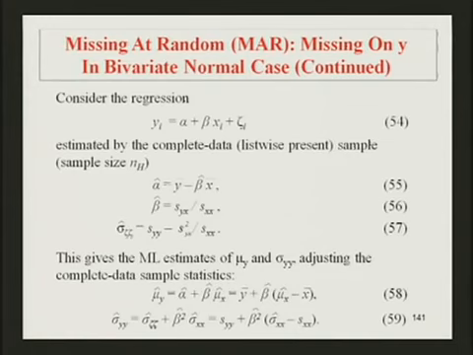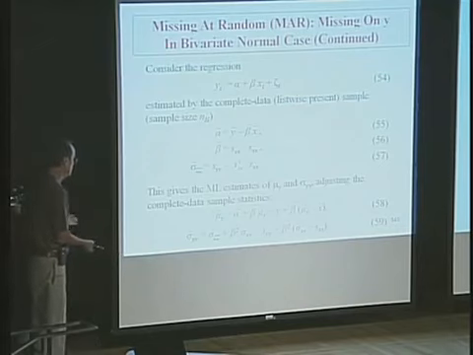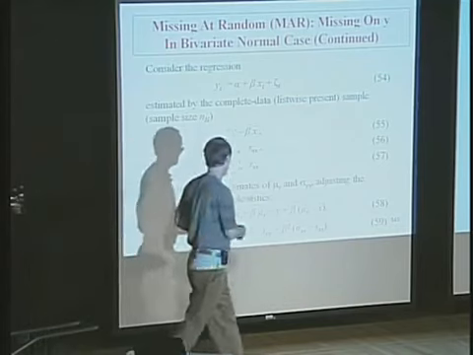The interesting thing is that the ML estimates of the mean and variance of Y, ML under MAR, can be seen as an adjustment of the estimates of mean and variance of Y that you get from listwise deletion and those that you get from MAR in the following way.